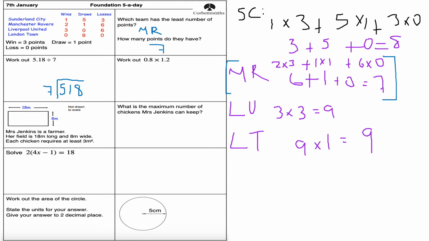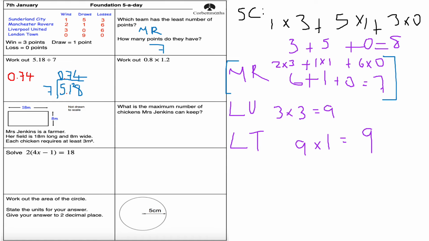So 7s into 5 is 0. 7s into 51, well, 7 times 7 is 49, so it's 7 remainder 2. 7s into 28 is 4. And the decimal place we can see is here, so matching 5.18 and mirroring it, the answer is 0.74.